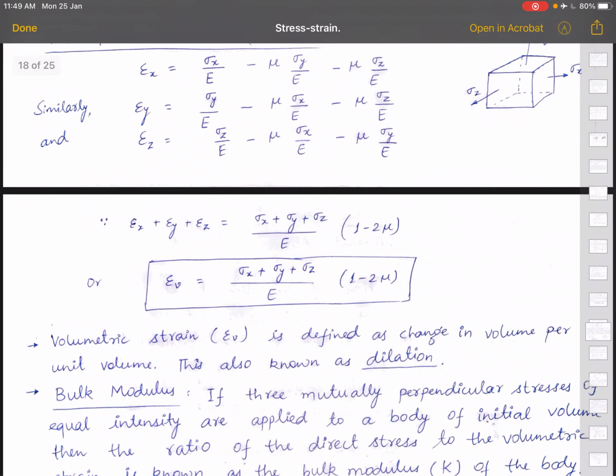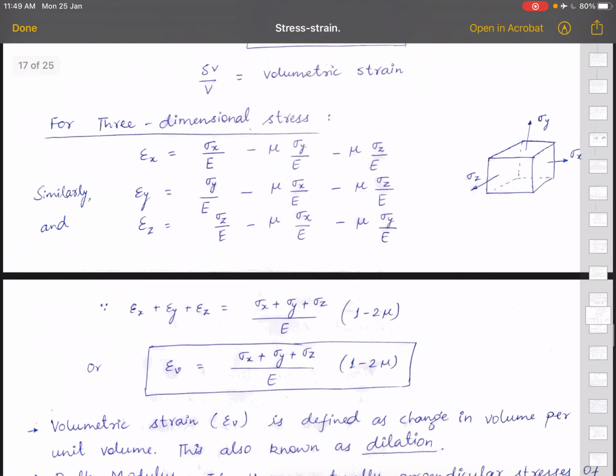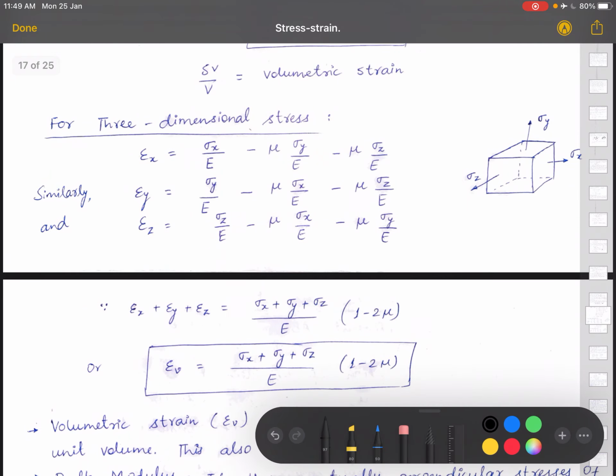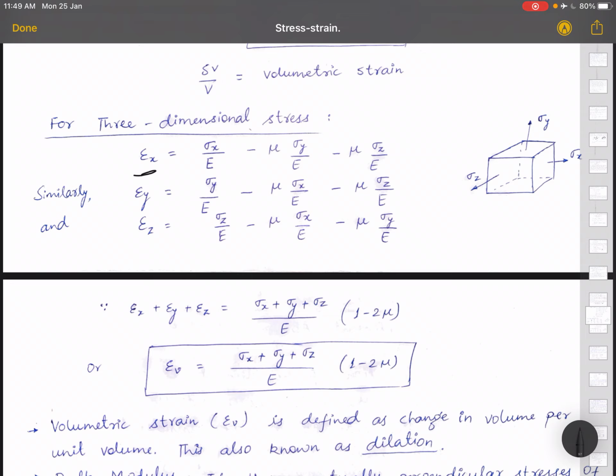Let me show you. Epsilon x is how much? Sigma x by E in the x direction. But sigma y will also produce how much strain in the x direction? Minus mu times sigma y by E. Also sigma z is going to produce the strain minus mu times sigma z by E.